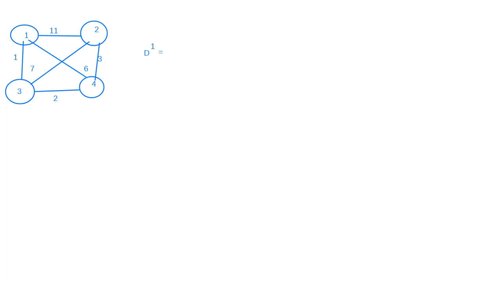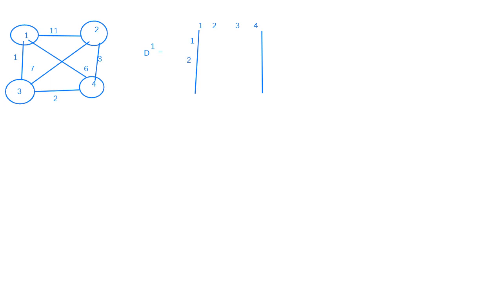Okay, now let's look first of all at the D1 matrix. How is the D1 matrix formed? The D1 matrix is formed when you include the vertex 1.